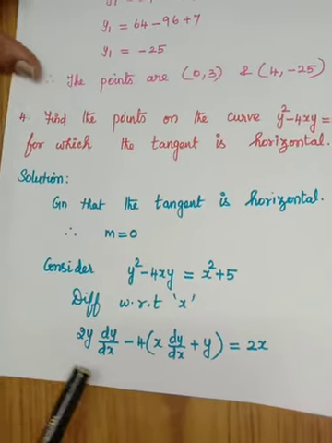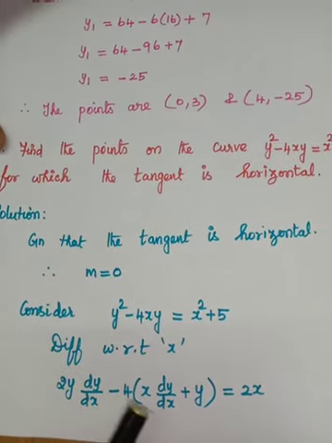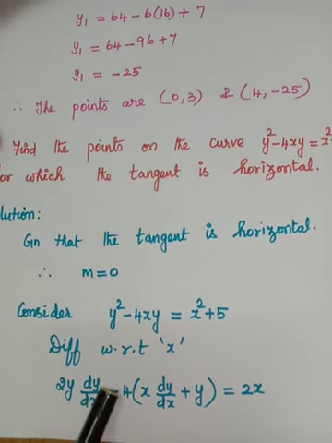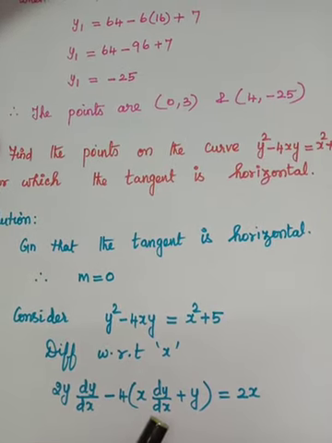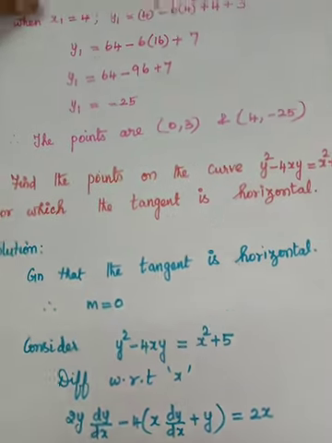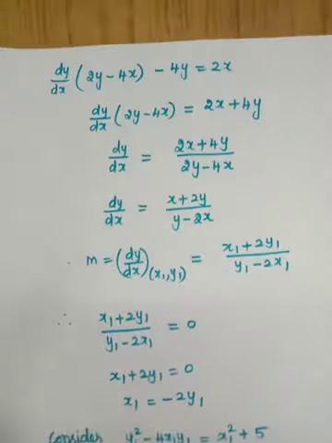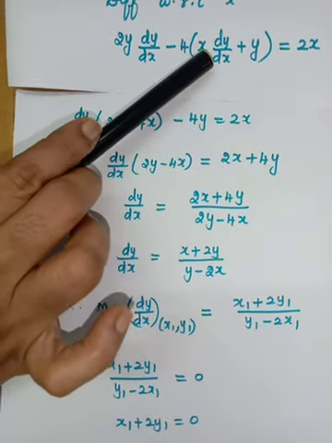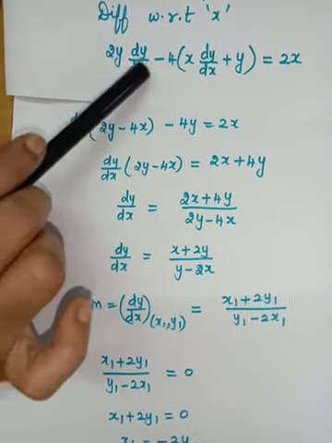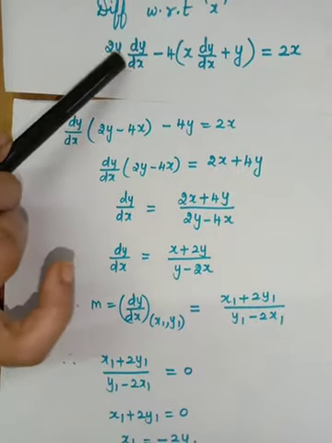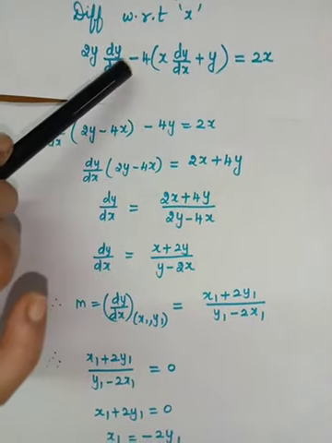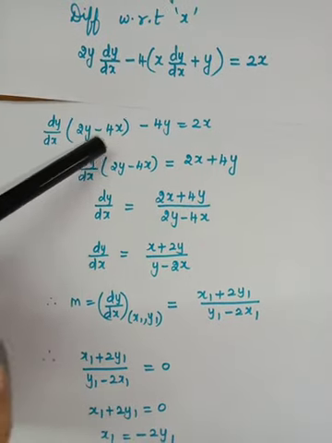So here what is needed for you is dy by dx. So dy by dx is in 2 terms. So you have to group. So dy by dx is taken out from this term as well as this term. If the dy by dx is taken out, what is remaining here? It is 2y. So if it is taken out, the remaining is minus 4x.